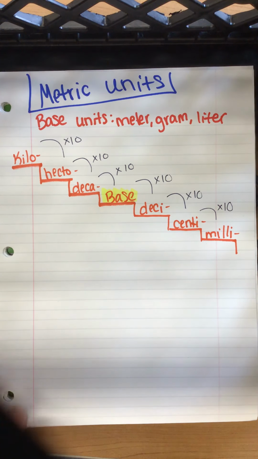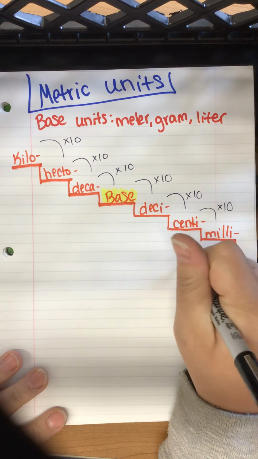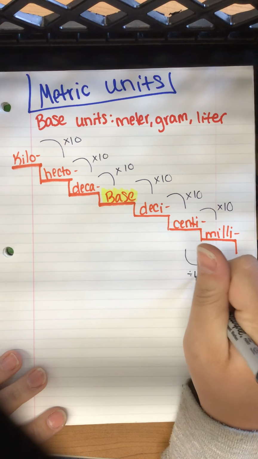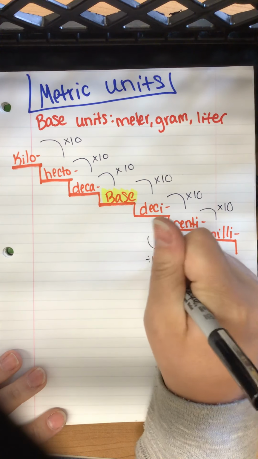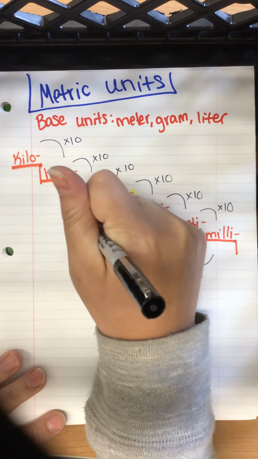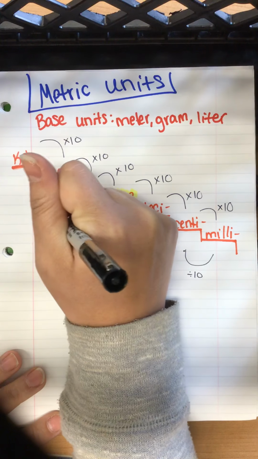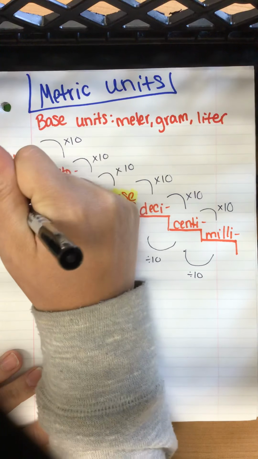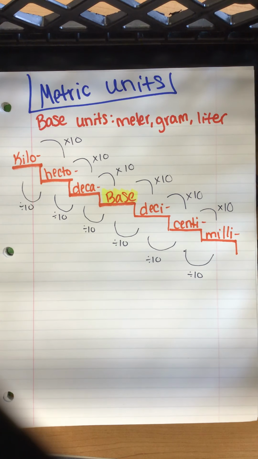We added a 0. When you're down here, you are dividing by 10, so you're taking away a 0. Okay, and we're going to do some examples. Now, the majority of what we're going to do is not going to end up in decimals, but today it seems like there's going to be a couple of them. So make sure you're writing down the examples so you know what to do, okay?